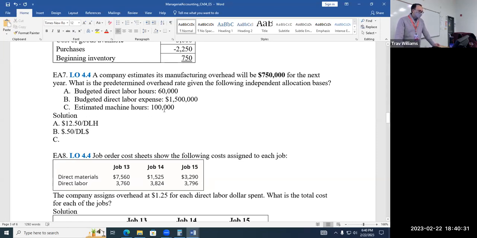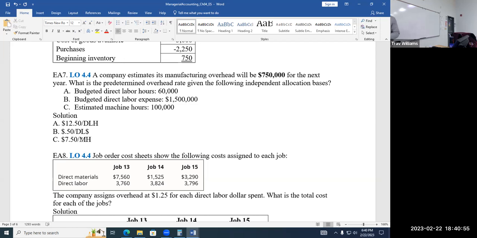Okay, and then if they go with machine hours, since they estimated 100,000 machine hours, you divide that into your manufacturing overhead, and that comes out to $7.50, right? Per machine hour. Okay, they would pick one of these as their overhead allocation rate, use that throughout the year.